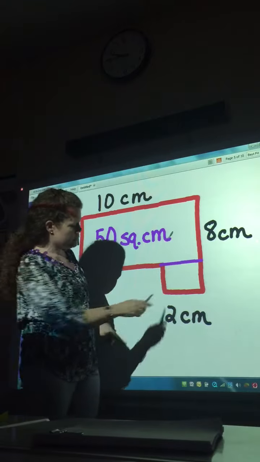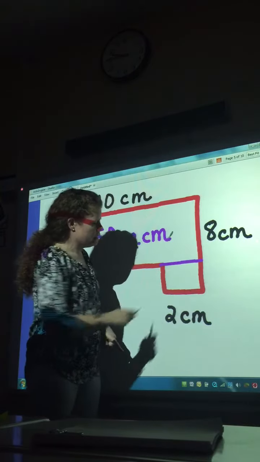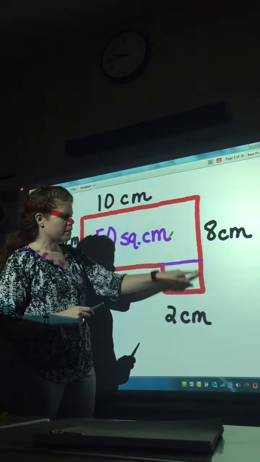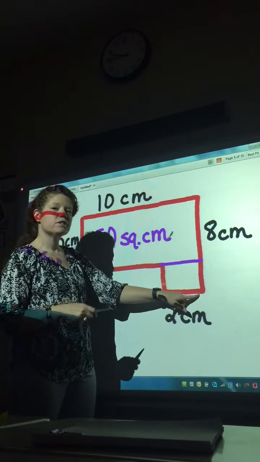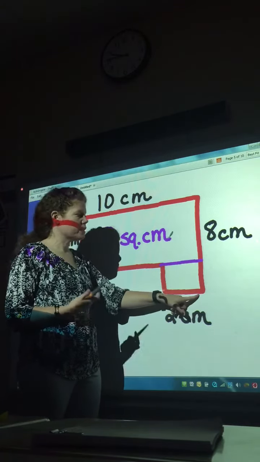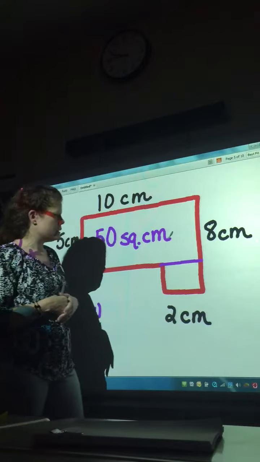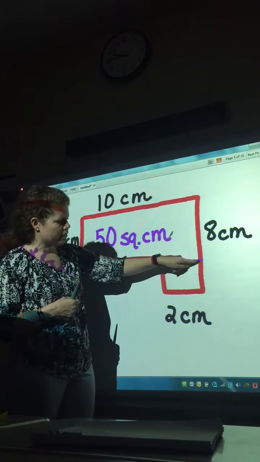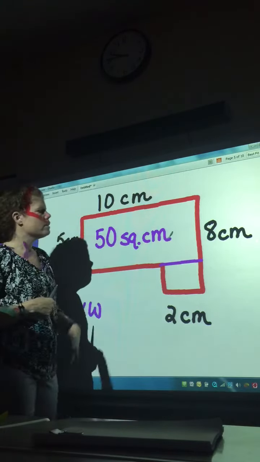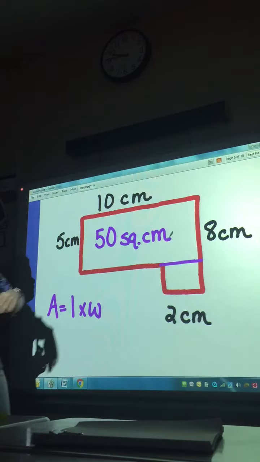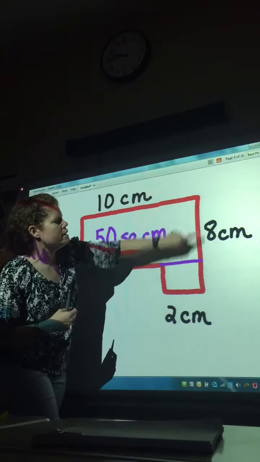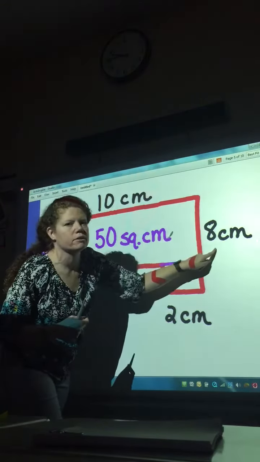We've got 2 centimeters from here to here, but we don't have the lengths of these sides here. What we're going to have to do is go for reasonable. We're going to have to think about what makes sense, math sense, to try to determine the length from here to here. So let's think about what we do know. We do know that from here to here is 8 centimeters, okay?